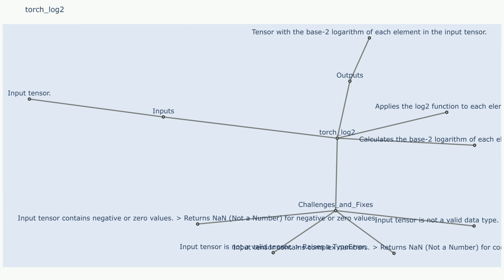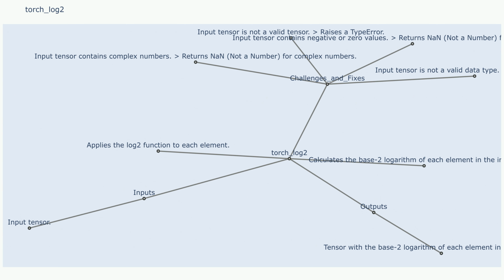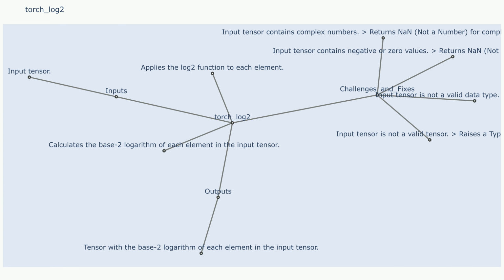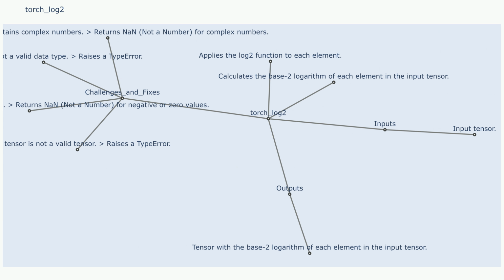Challenges and fixes. Challenge 1: Input contains negative or 0 values. Sample use case that resulted in challenge 1: torch.log2(torch.tensor([-1, 0, 1])). Fixes to challenge 1: The function raises a value error if any element in the input tensor is negative or 0.